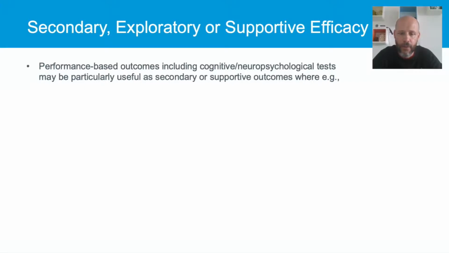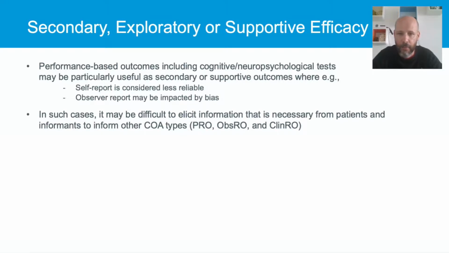It's often useful to think about performance-based outcome assessments where self-report may be considered less reliable, or observer report might be impacted by bias. And here we can see examples where patient-reported outcomes or observer-reported outcomes may be considered insufficient evidence of efficacy.